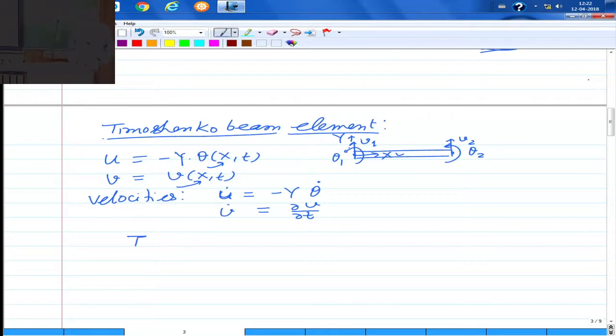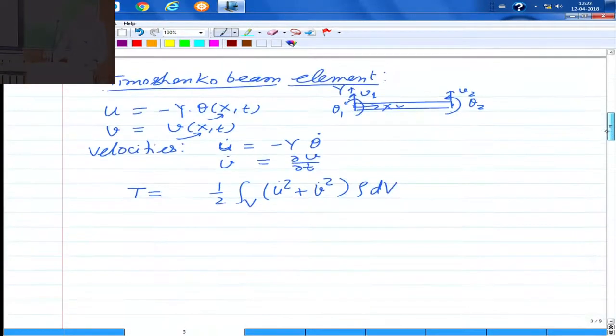So if I write kinetic energy T, which is half integration over the total volume, of u dot square plus v dot square, this is the square of the velocity magnitude, times the differential mass, which is rho into dV. Then you can split this volume integral into length and cross-sectional integration.